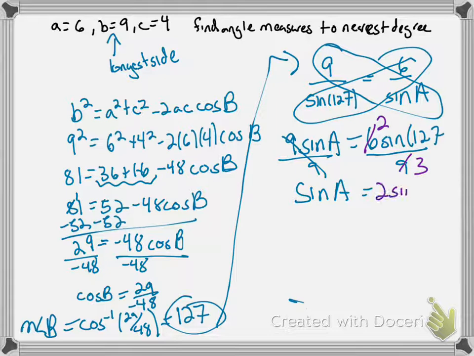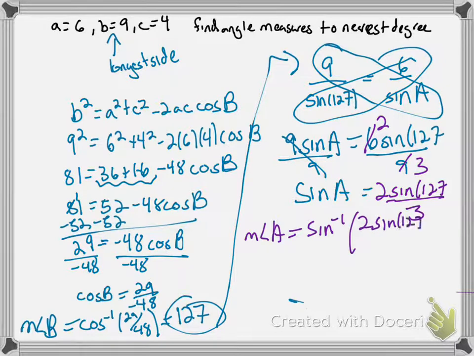2 sine of 127 over 3. Sine inverse, apply it to both sides, so the measure of angle A equals sine inverse of 2 sine of 127 in parentheses divided by 3 in parentheses. And that gave me 32 degrees.